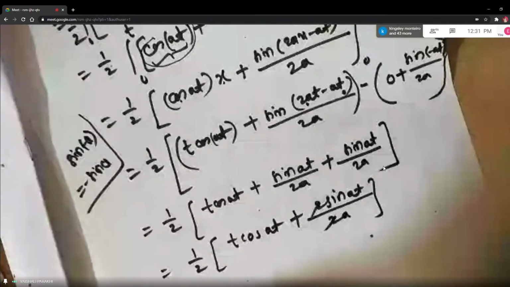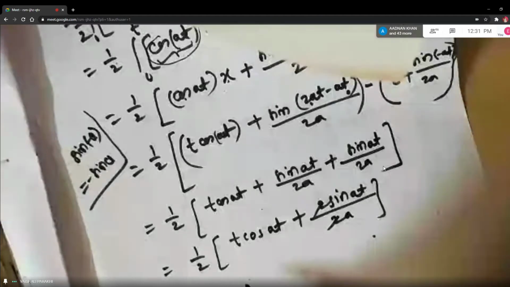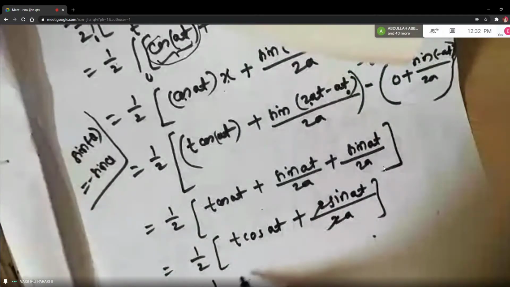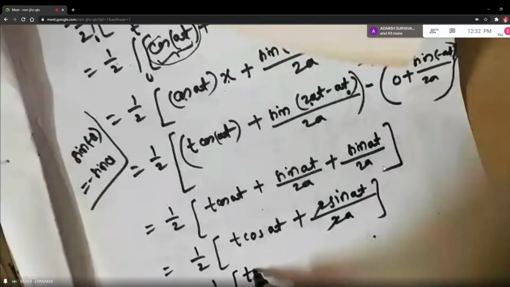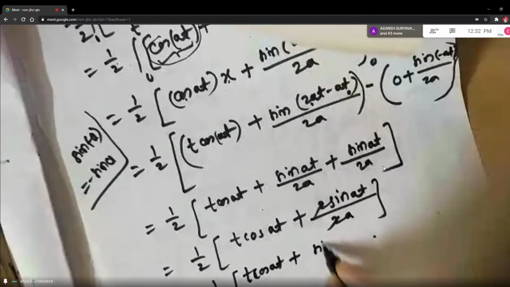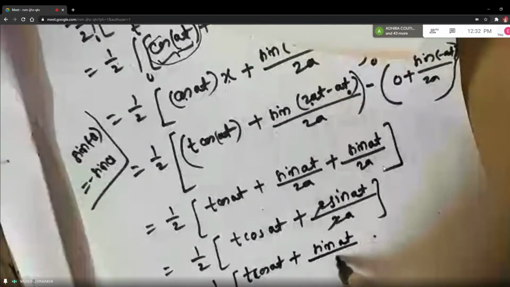Okay. And your final answer will look like this: 1 by 2, t cos 80 plus sin 80 divided by a.